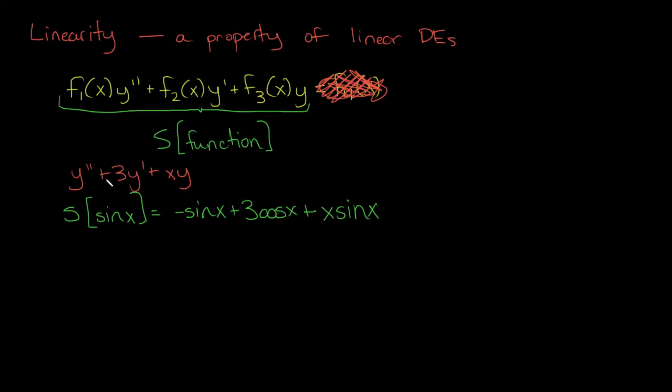So for this differential equation, S being the second derivative plus 3 times the first derivative plus x times the function itself, if we plug in the function sine of x, we get the second derivative, negative sine of x, plus 3 times the first derivative, which is the cosine of x, plus x times the function itself, x sine of x.